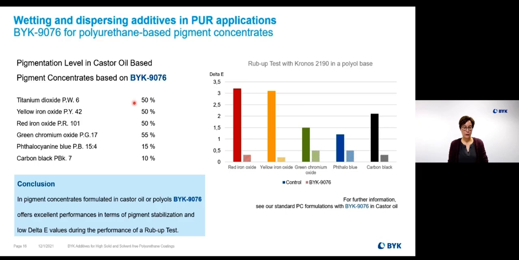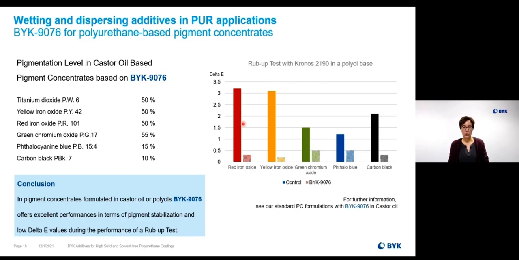We used, depending on the pigment, different pigment loads. And you see again here, right-hand side, that the examples with wetting and dispersing additives show better results. Here it is not the viscosity that is shown, but the delta E value. The rub-up test was done in a white reduction with Kronos 2190.